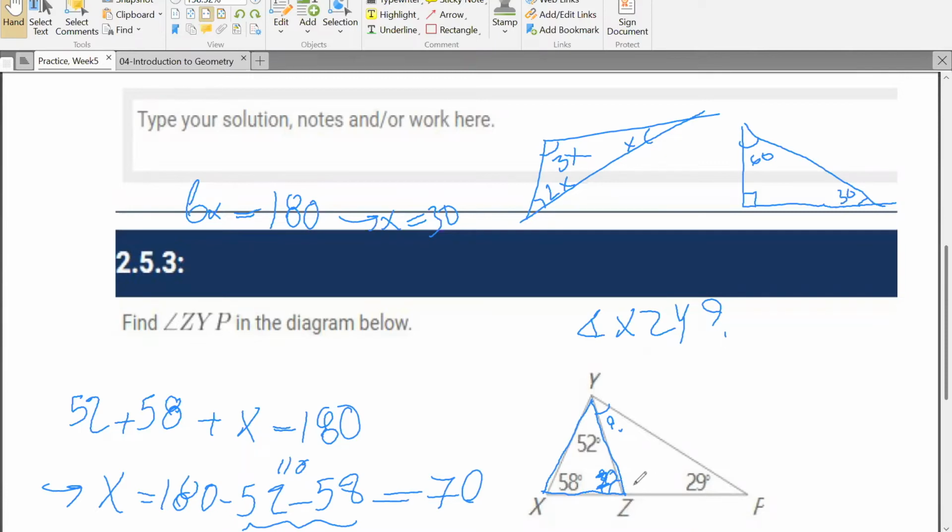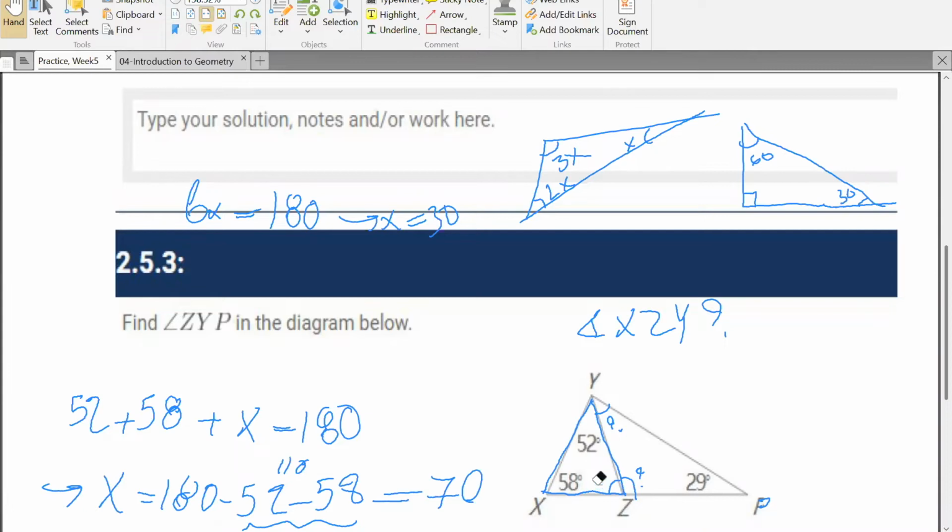Then what is the other angle, which is YZP? What is this angle? So my question, I repeat again.